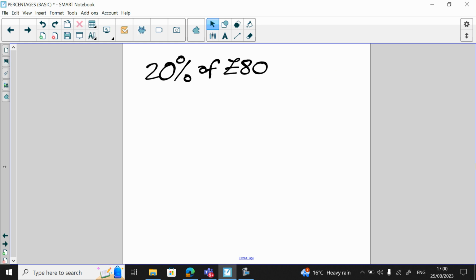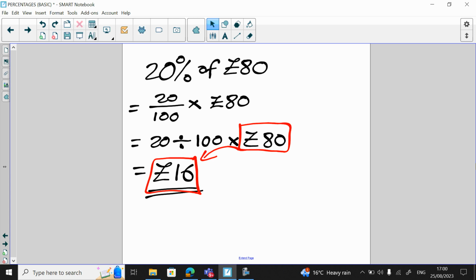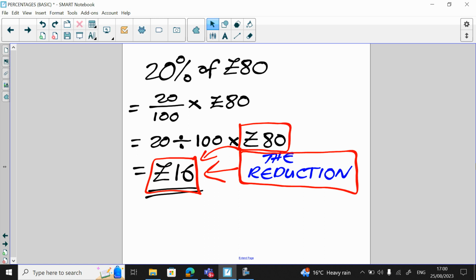So I'm going to take the 20% of £80, percent into fraction, times £80, fraction into divide, 20 divided by 100, times £80, calculator time, hopefully you get £16. Okay, no, that is not the price of the denims, because what's the £16? What is it in relation to the £80? Well, the £16 is actually a reduction.